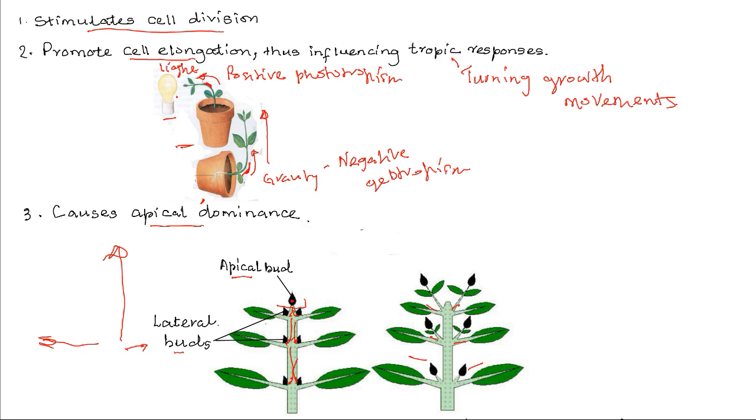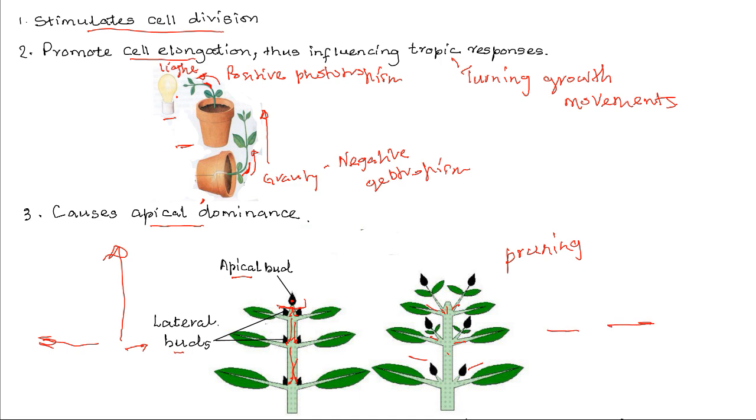So the moment the apical bud is removed, like for example during pruning, if you prune a plant, you remove the apical bud, and in so doing remove the source of the extra auxins that would normally inhibit growth of the lateral buds. So the lateral buds develop into side branches, so the plant tends to grow sideways or laterally.